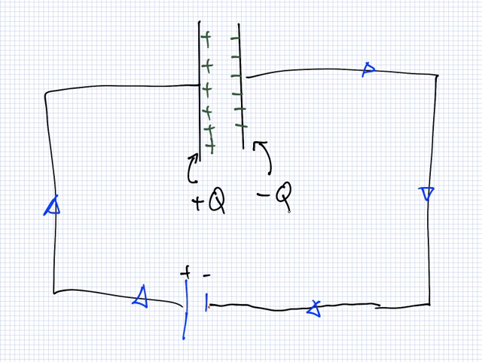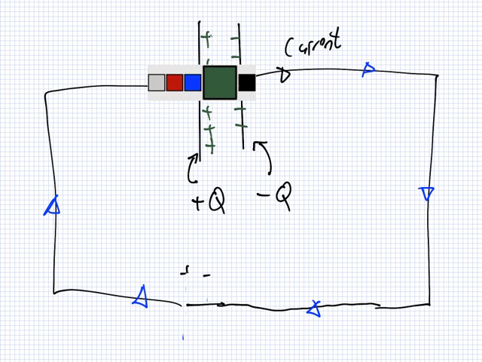But what's most interesting is if you turn this off, for a moment, you still get a current. Because, think about it, if this is positive and this is negative, they won't just sit here and do nothing.